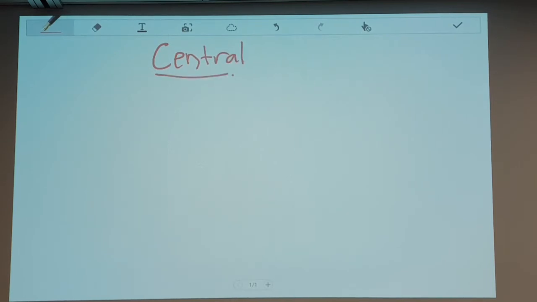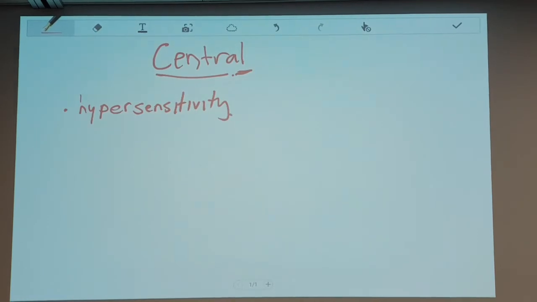Now, central pain is the hardest to conceptualize, but the important characteristics of central pain is that it's a hypersensitivity, okay, it's variable in onset.